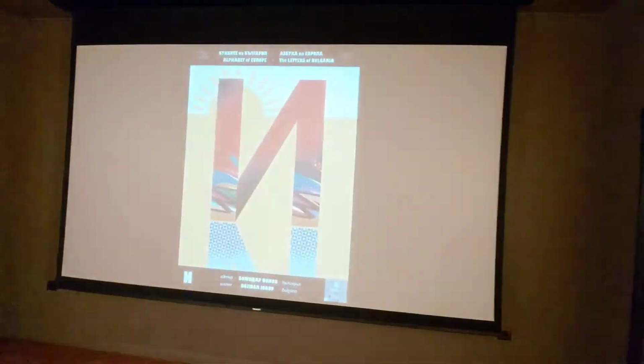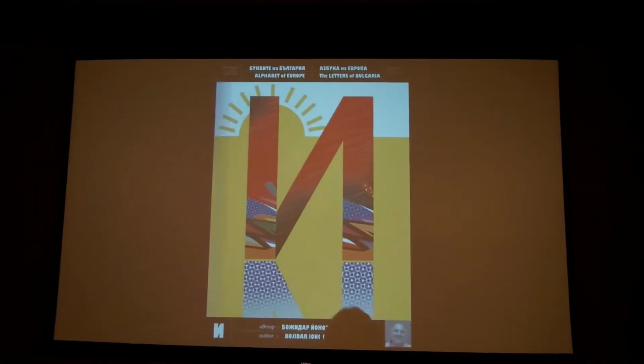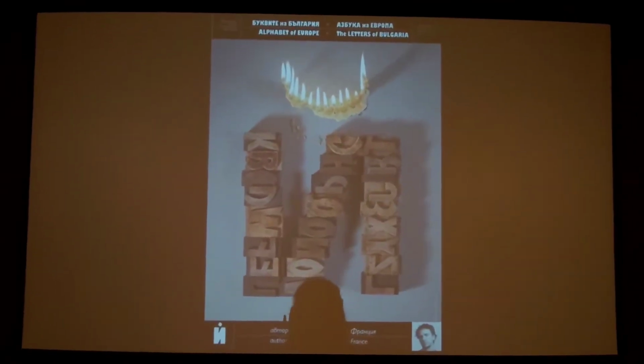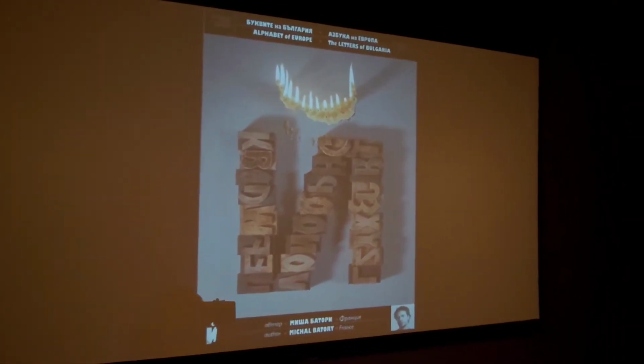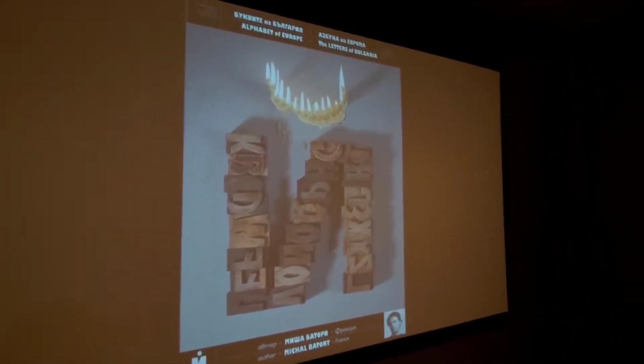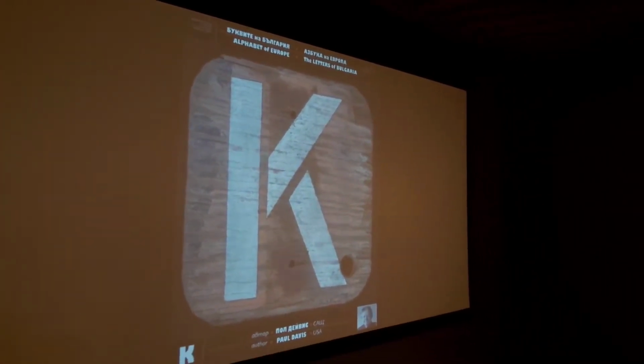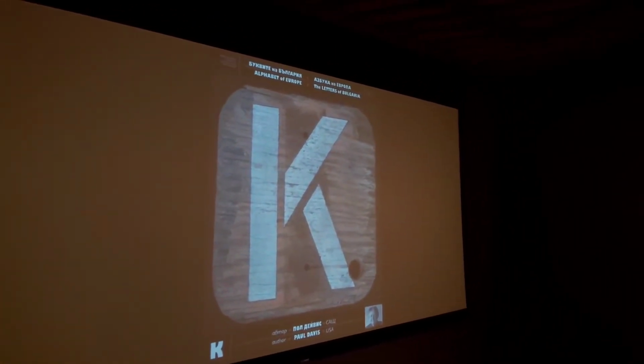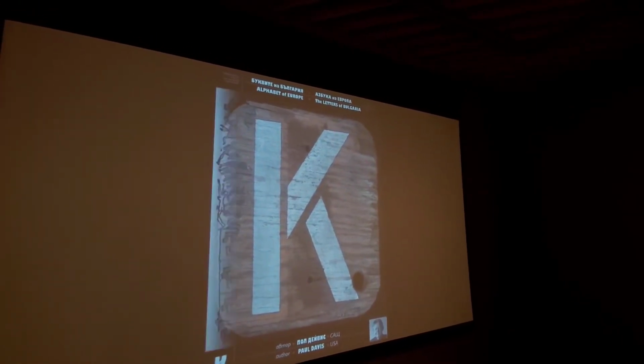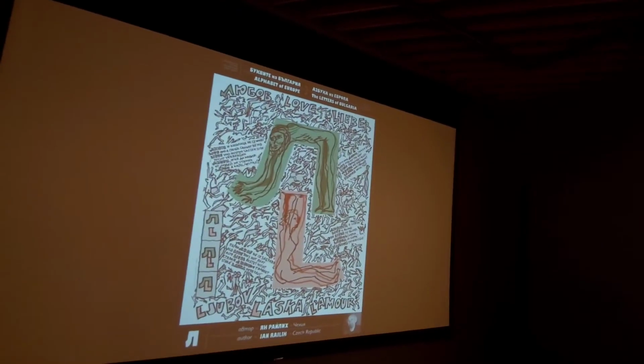On this screen, we can see all the paintings. Oh, here is me. They were shown in Korea at the exhibition about the letters of Bulgaria, Alphabet of Europe. That's how the exhibition was called.